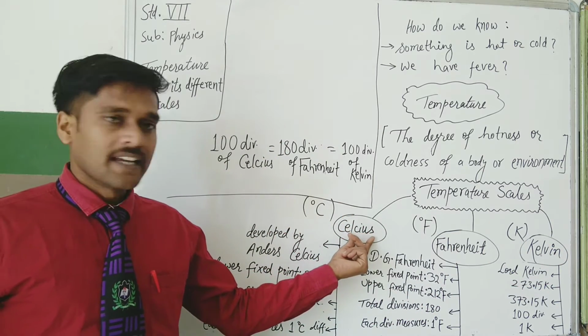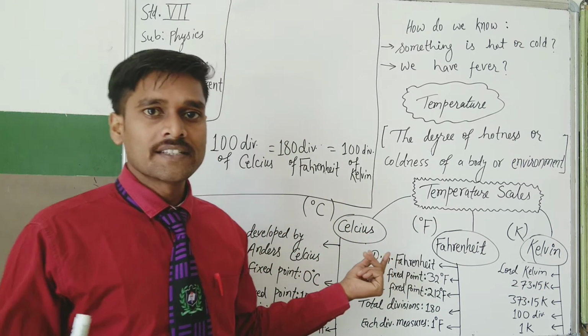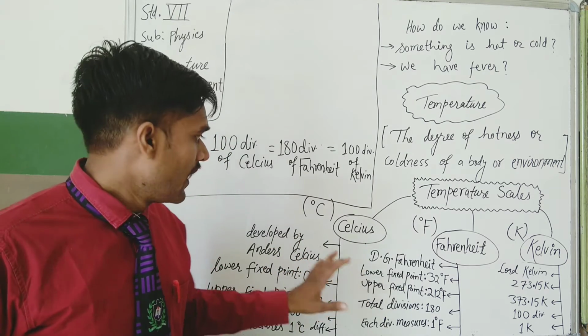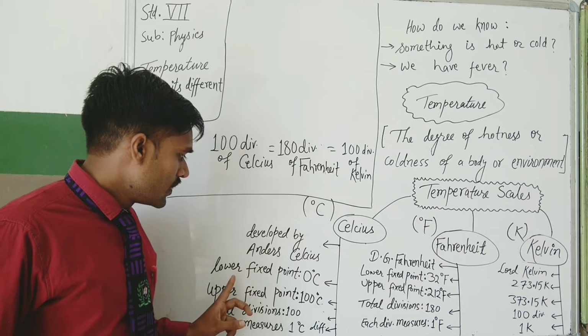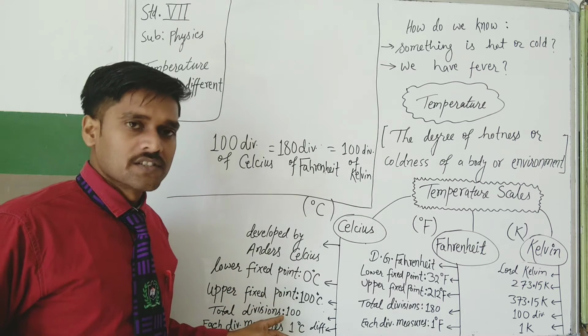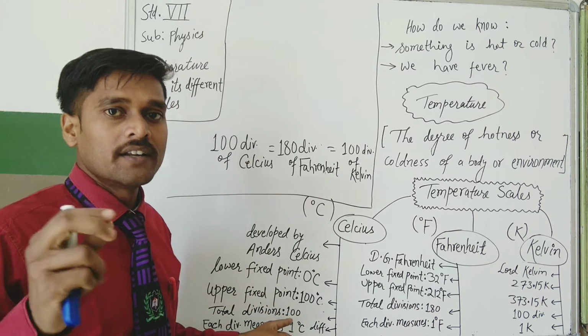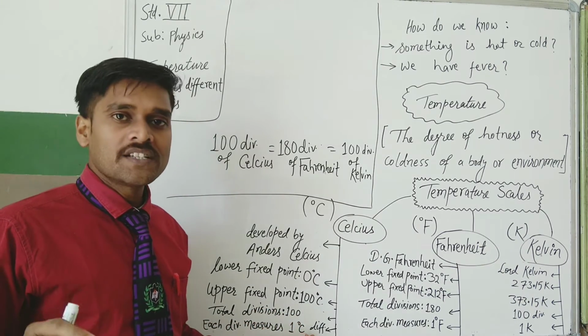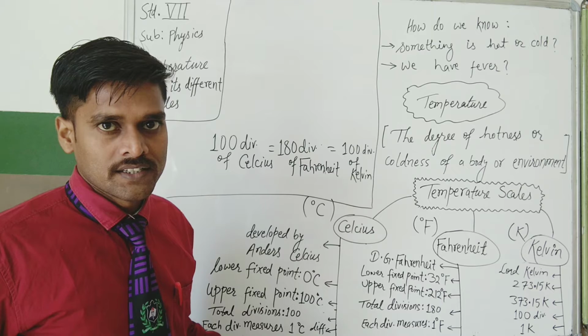The Celsius scale, or degree centigrade scale, was developed by Anders Celsius, and it has a total of 100 divisions. Each division measures a temperature difference of 1 degree Celsius.